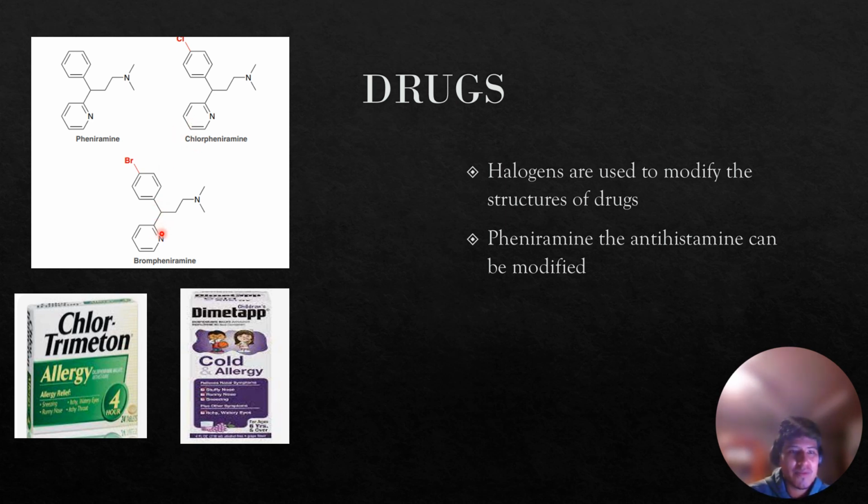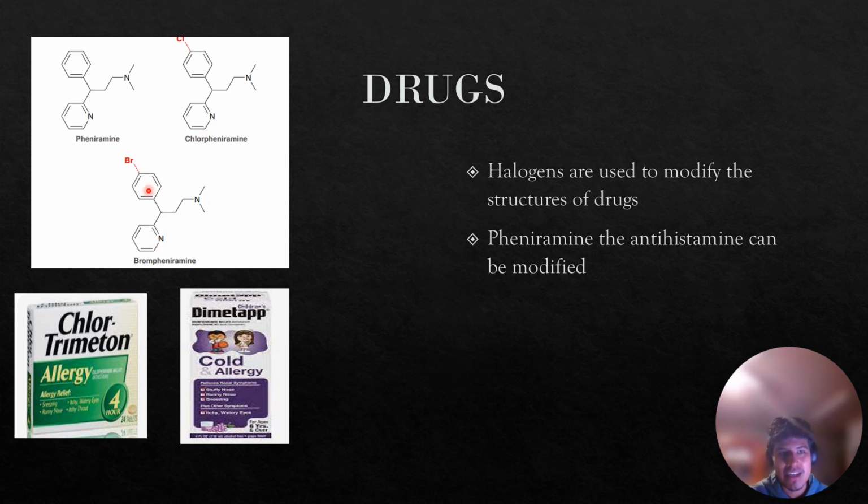Back to the drugs. Brompheniramine also keeps the same properties of pheniramine. The big difference now is that it's not only 10 times more potent, but its effects last twice as long as chlorpheniramine.